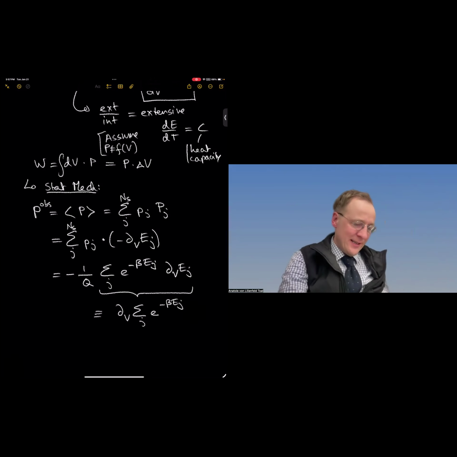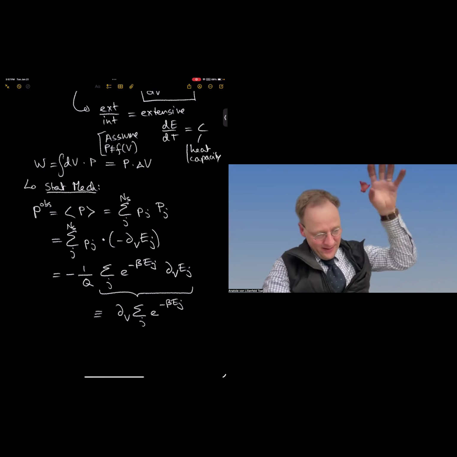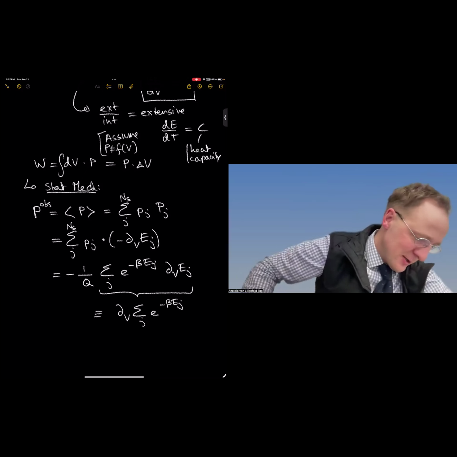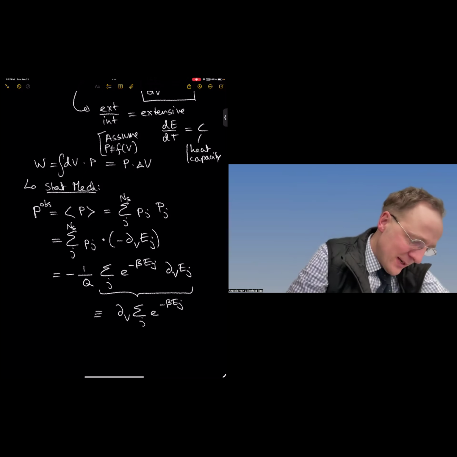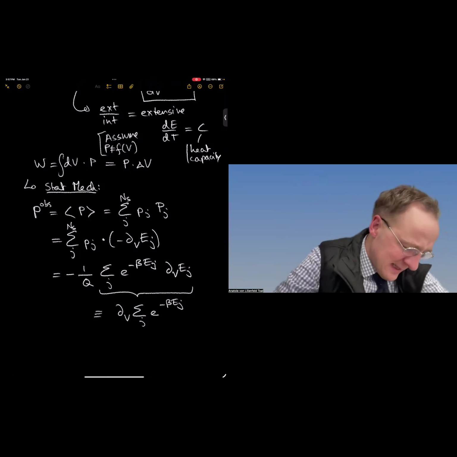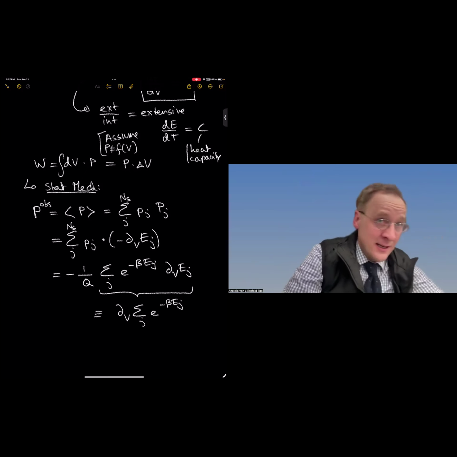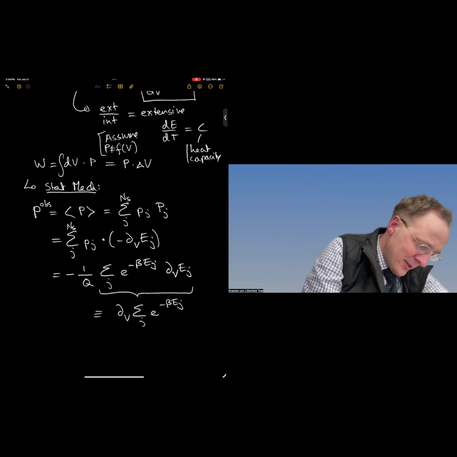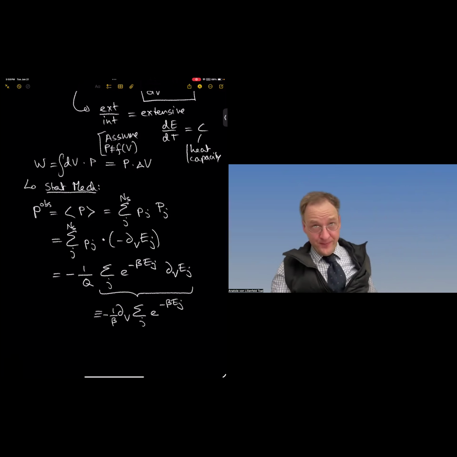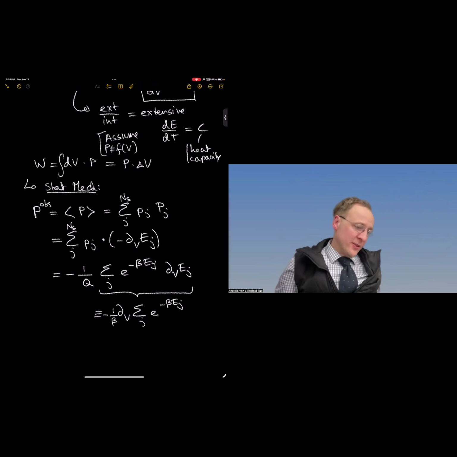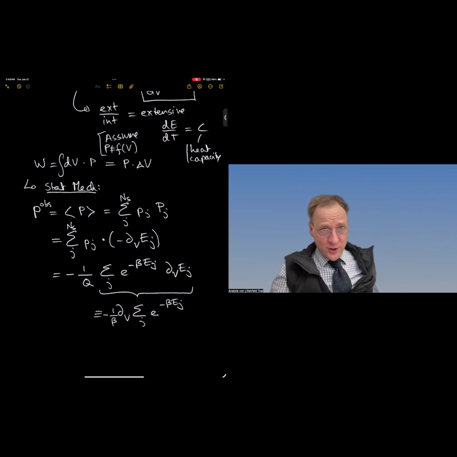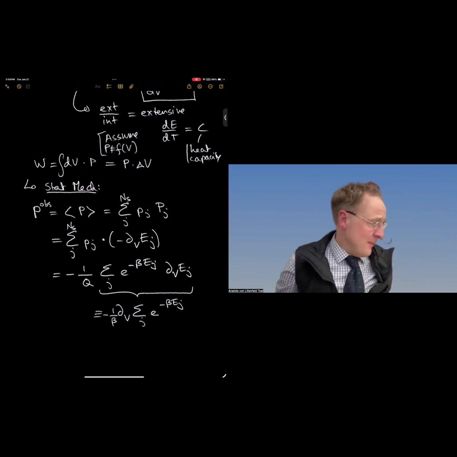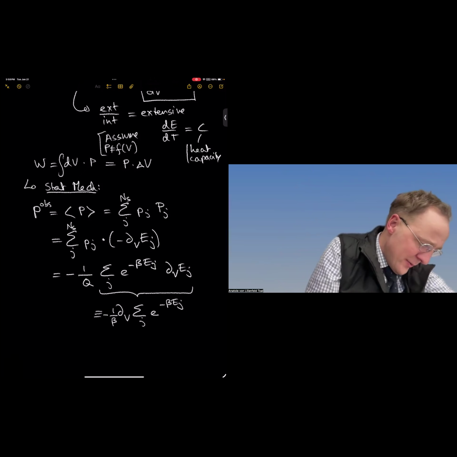Now, again, my apologies. It's just like this, right? So when I differentiate my exponential function, I get the exponential function times the derivative of the energy with respect to V. But my minus beta in the exponent comes in front, so I should divide by it to annihilate it, okay? So minus 1 over beta goes in front. So you can reinsert this to check if it's true, but that's what we have.